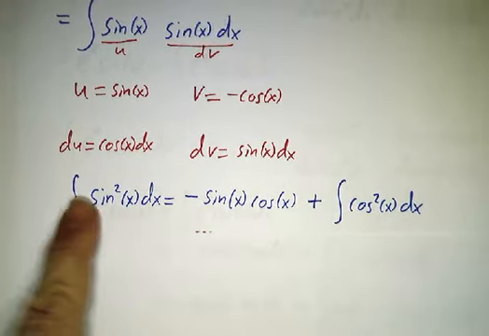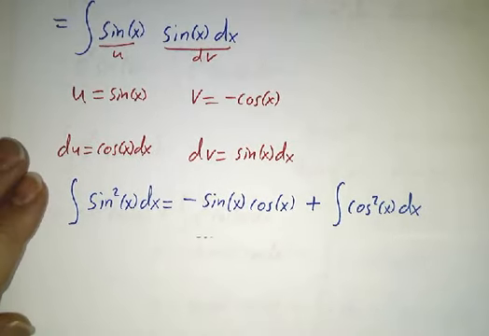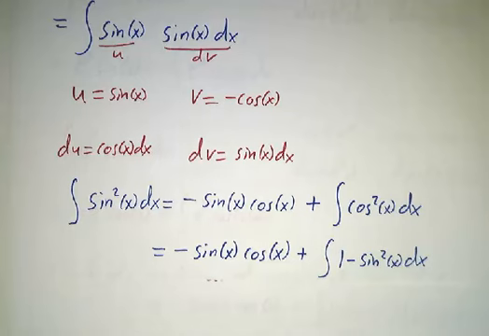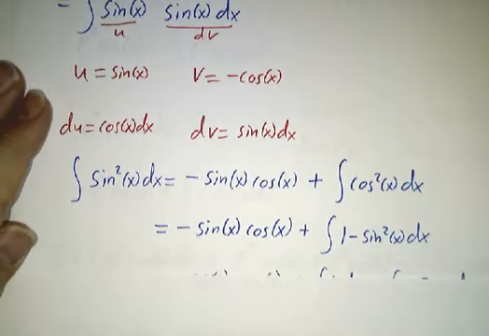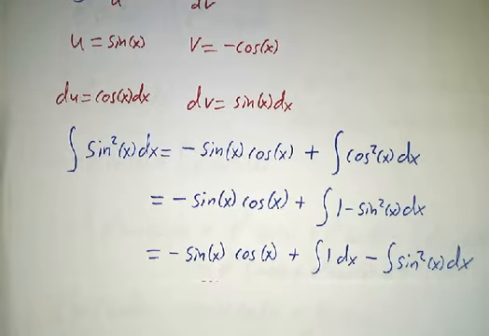But it's related. Cosine squared is 1 minus sine squared. So you split that up and you say, oh, well, that's the integral of minus sine of x cosine of x plus the integral of 1 dx minus the integral of sine squared of x dx.